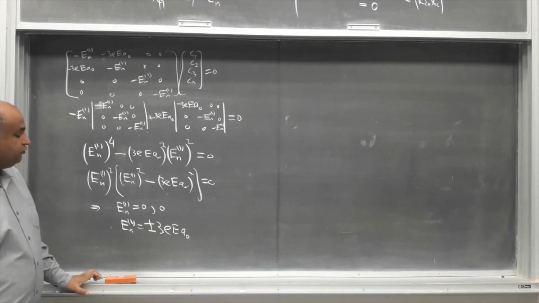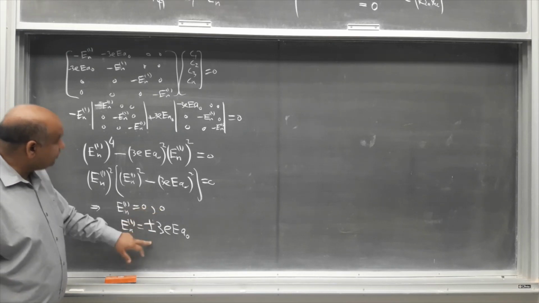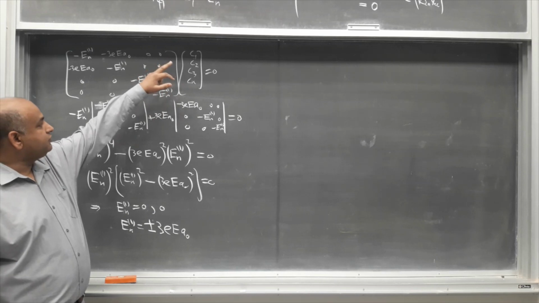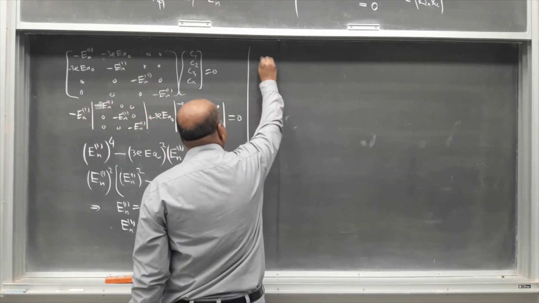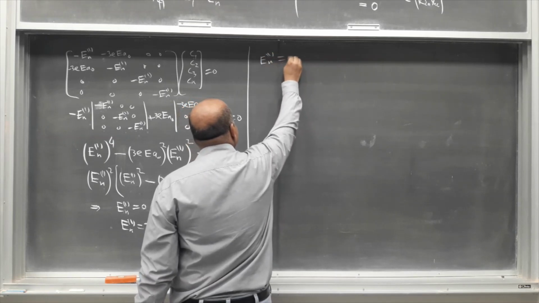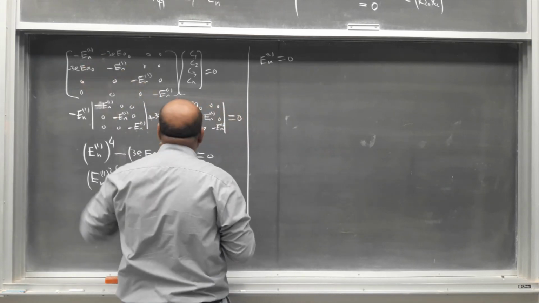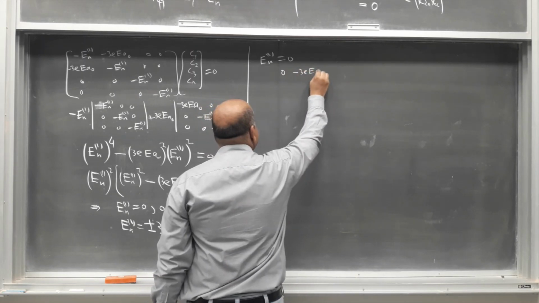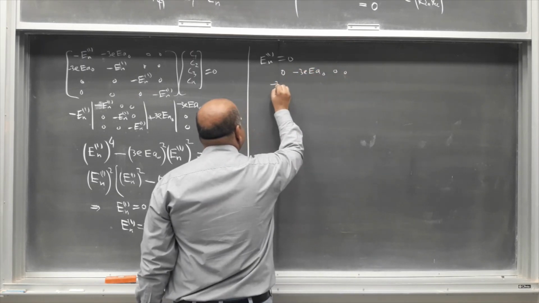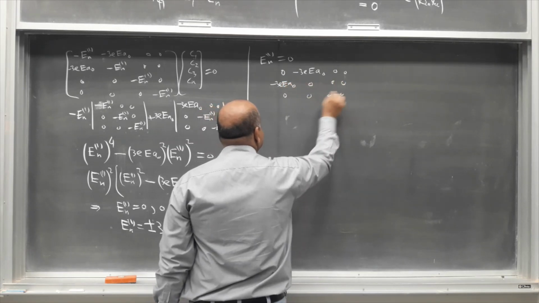And we also need to see what the new states are. So to find the new states, we have to plug each of these eigenvalues into this equation and find C1, C2, C3, C4. So let's first do it with the energy correction 0. If I put 0 for En1, we get 0, minus 3EA naught, 0, 0; minus 3EA naught, 0, 0, 0; 0, 0, 0, 0; and so on.